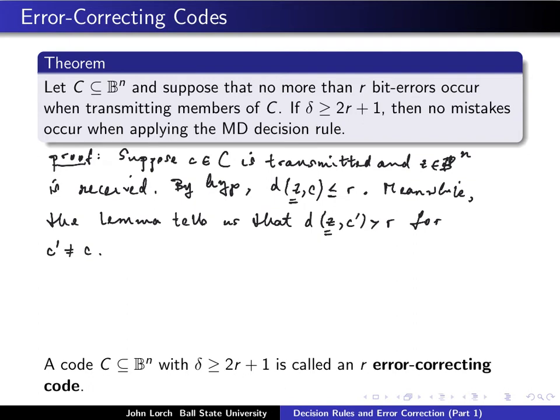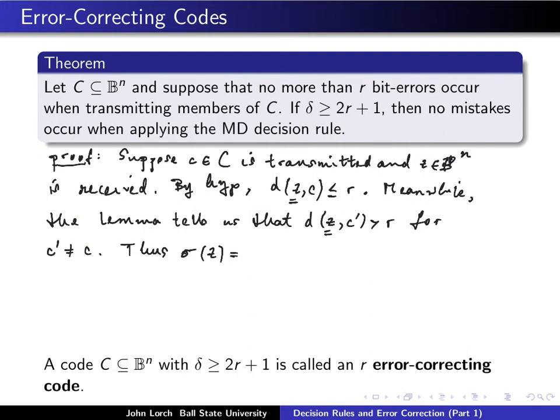Okay, so now what does this tell us? If we apply the minimum decision rule to z, what does that mean?